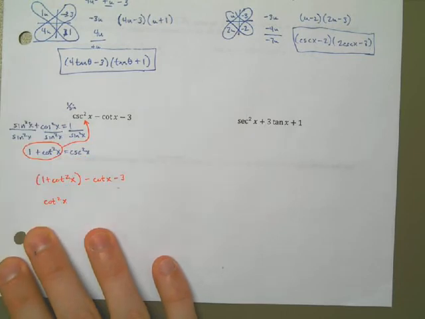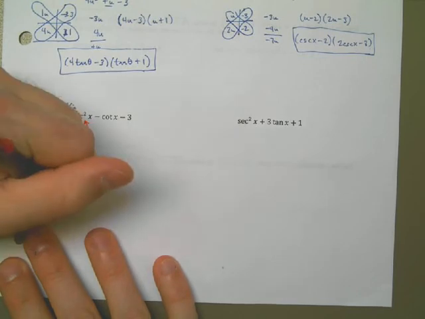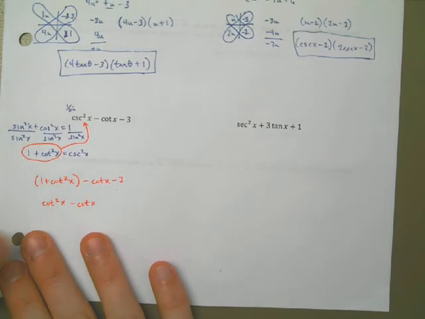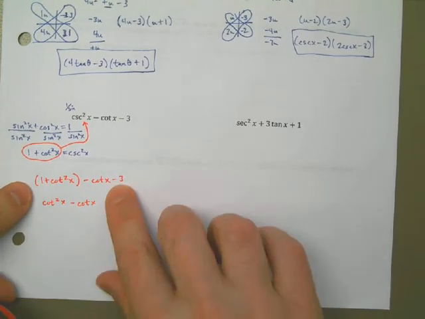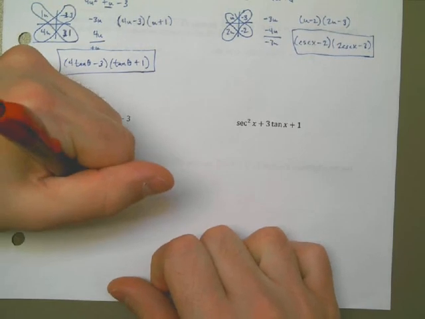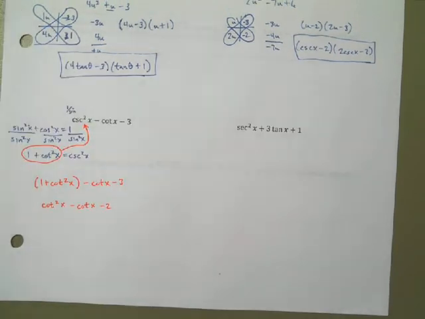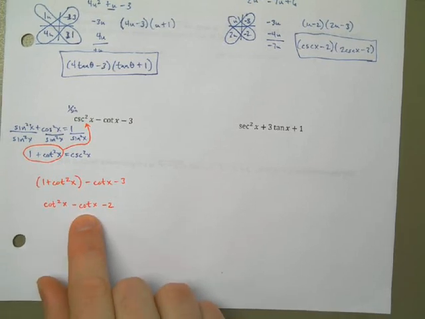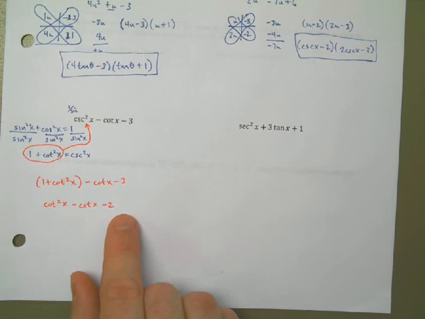So I have tangent squared x plus 1, plus 3 times the tangent of x plus 1. There's my overall expression now.